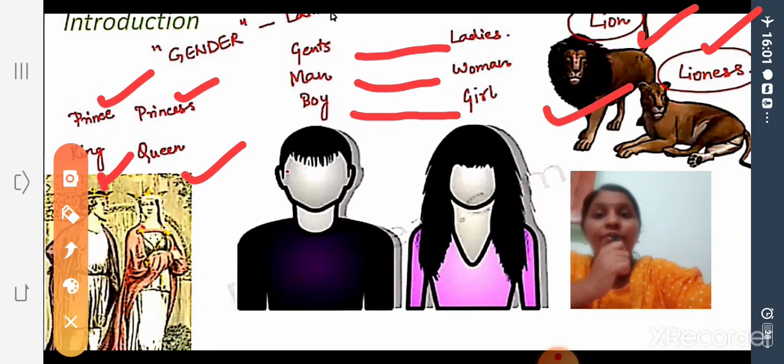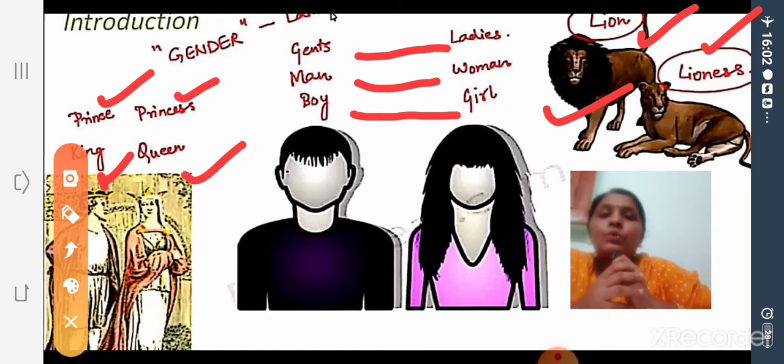What is the only difference between these two? One is male and the other one is female. Lion, lioness. Okay, so animals also have the same kind of distinction like human beings, and we use this term gender for denoting such distinctions.